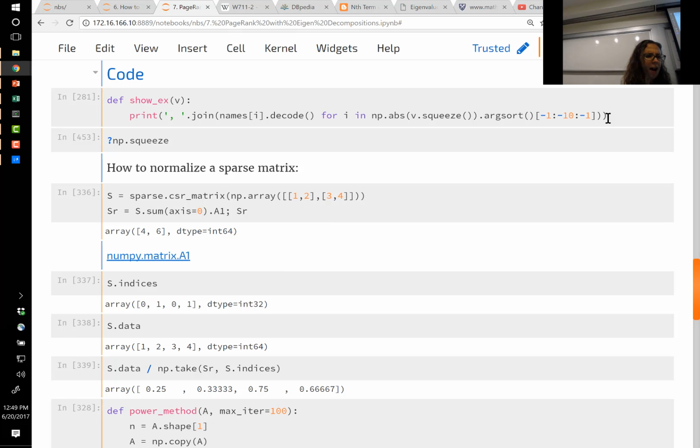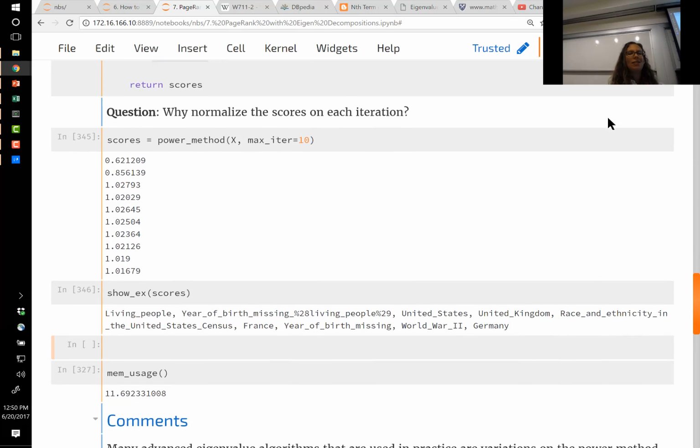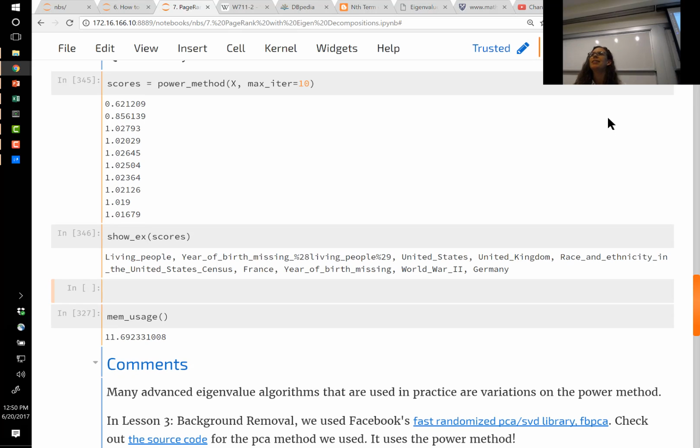I'll modify that for next time, and we can see what the least important or least linked to pages are, because that might be fun. Other questions about this?